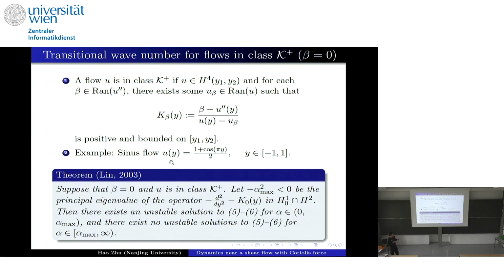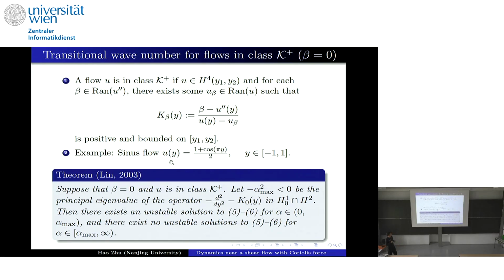So the point is that, generally speaking, if U beta is in the range of U, then there is a singularity here. But this condition means that it is bounded. It means the singularity can be cancelled. And furthermore, it should be positive. There is some restriction on such flows.